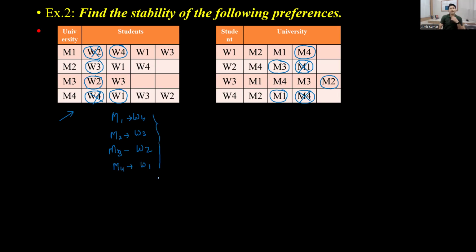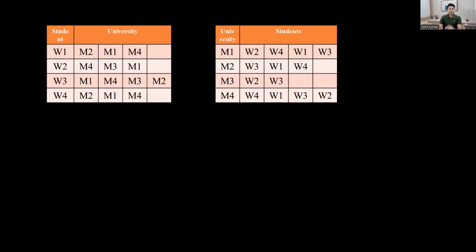This is the matching we get when M1, M2, M3, M4 is the proposing group and W1, W2, W3, W4 is our accepting or rejecting group. Now we will perform the same by reversing their roles. Now W1, W2, W3, W4 will become the proposing group and M1, M2, M3, M4 will become the accepting or rejecting group.